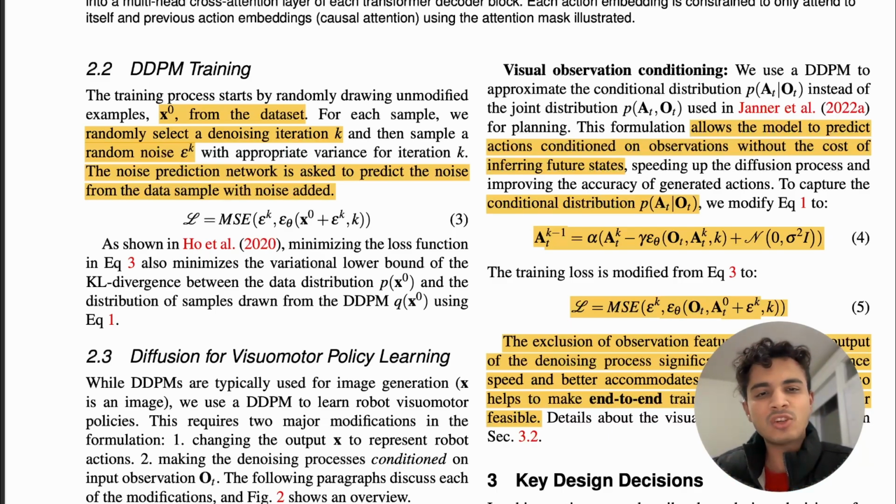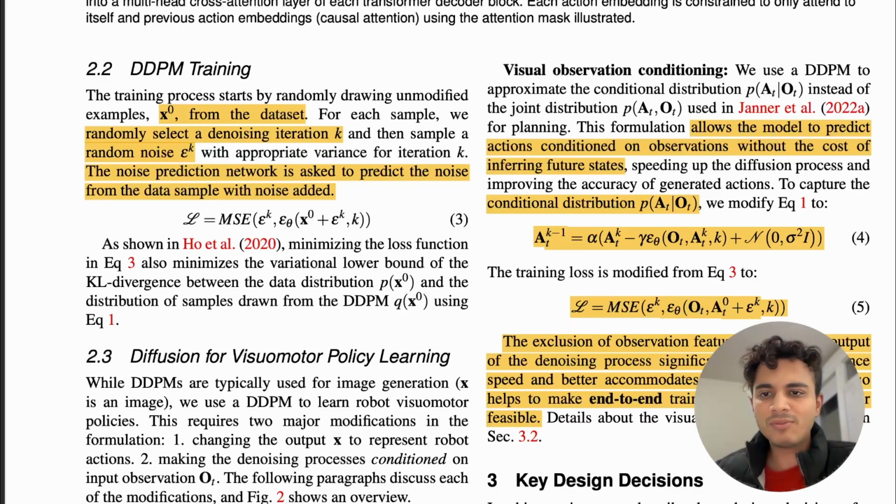What we have as an output is again some sort of an image. But in this case, we do not want an image as an output, we want a sequence of actions. And what we have is the actual image from the environment, from our own sensors, from our own cameras, right? So we want to use that.